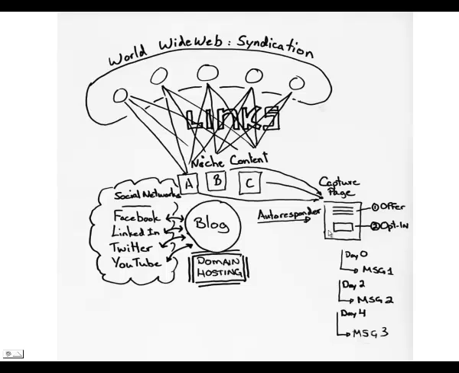And your autoresponder, which will be used to capture lead contacts and then send them messages regularly over a period of time. The rest of this overview is simply your niche content that we'll be creating later in this training, that will be bringing traffic back to your capture pages automatically, and worldwide syndication of your content to create links towards your niche content.